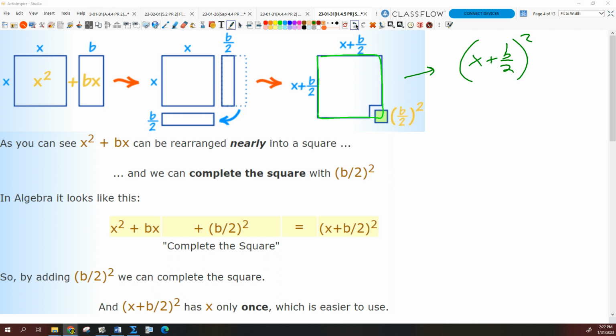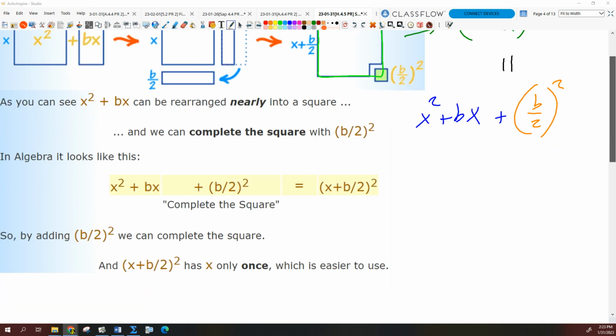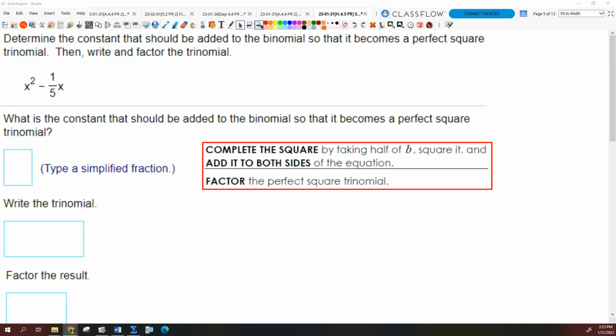What's that equal to? It's equal to x squared plus b times x plus that little additional piece we had to add, right? There's my original square plus my original rectangle plus that little bit extra we had to add. Okay, so that gives us this concept of completing the square.